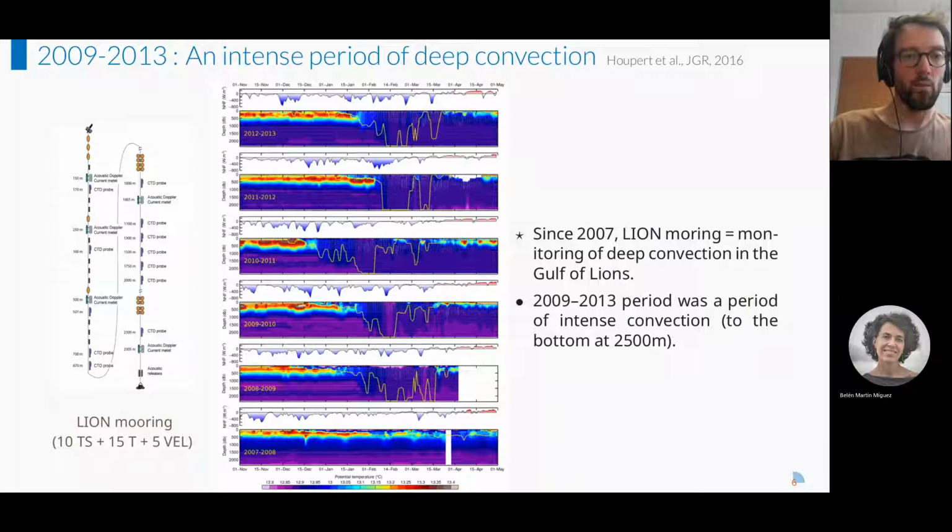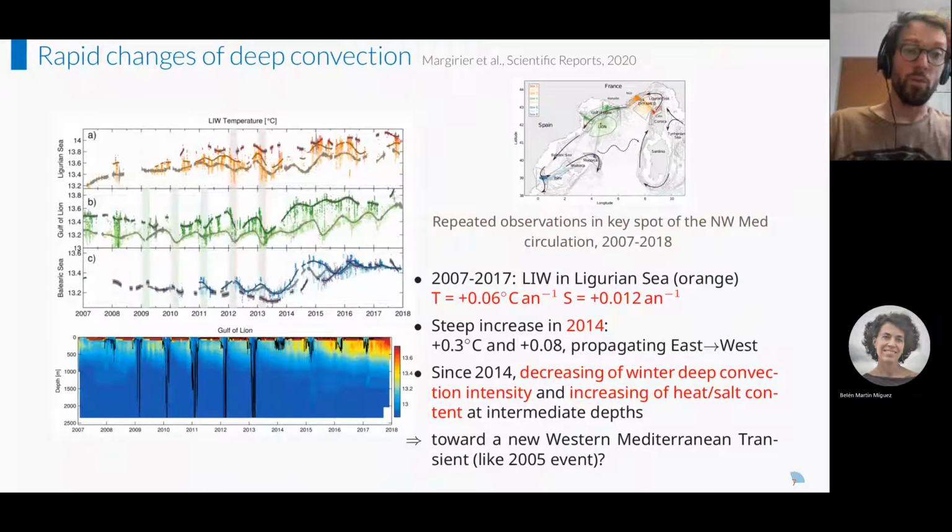The mooring was really established before that period, so we had lots of winters with convection. What we observed after those 5 years was a strong difference, a rapid change in the deep convection that happened around 2014, where the convection was much shallower, and we started to see a very strong increase in temperature and salinity of the intermediate depths.